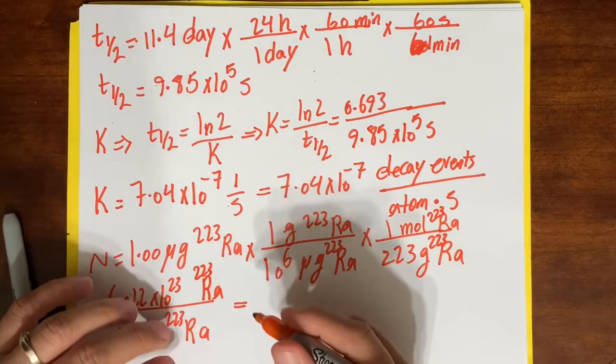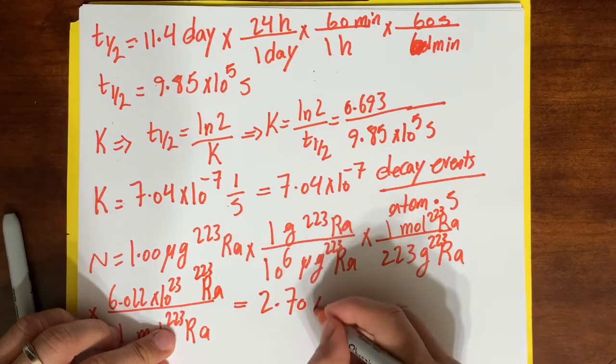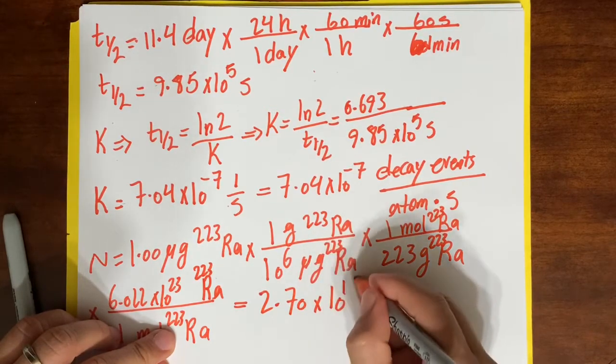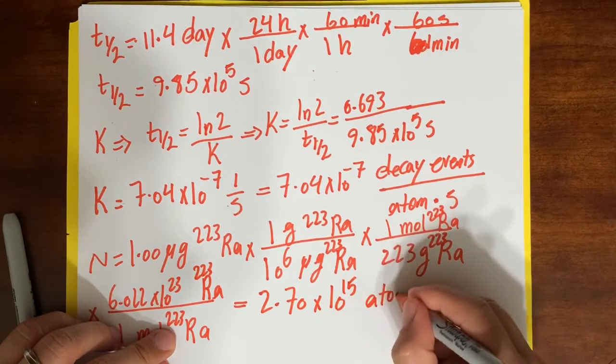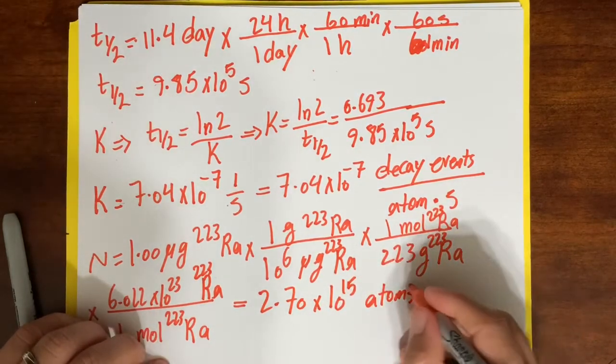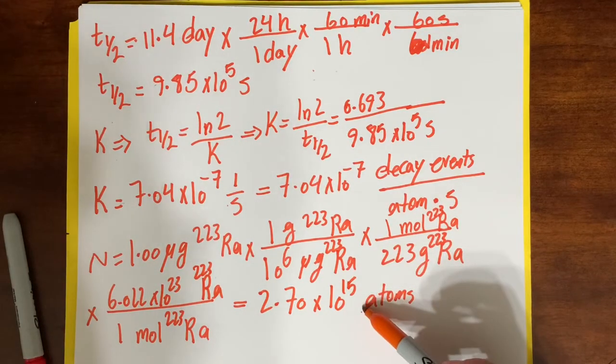So the answer is 2.70 multiplied by 10 to the power of 15 atoms. Okay, cool. We got the number of atoms.